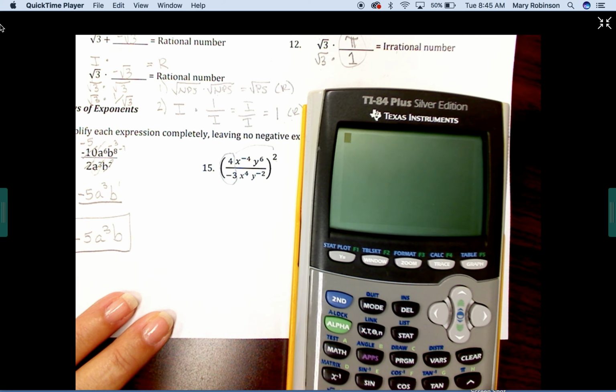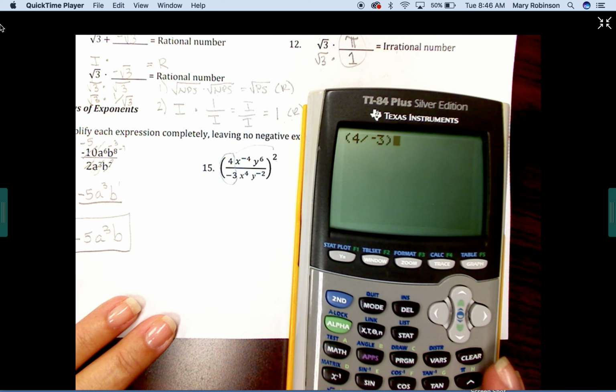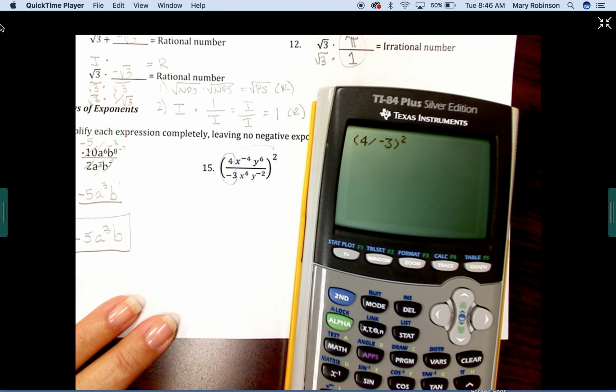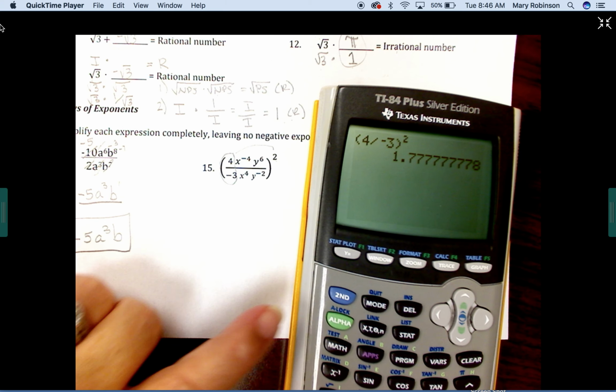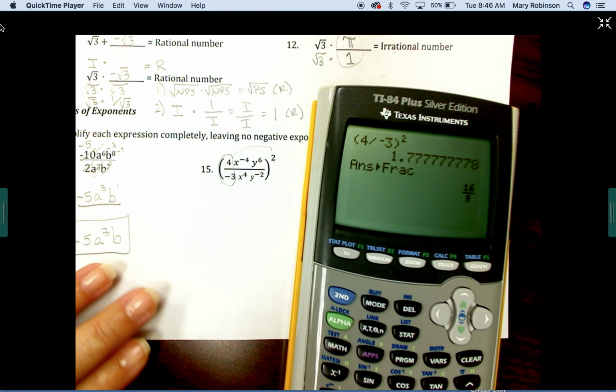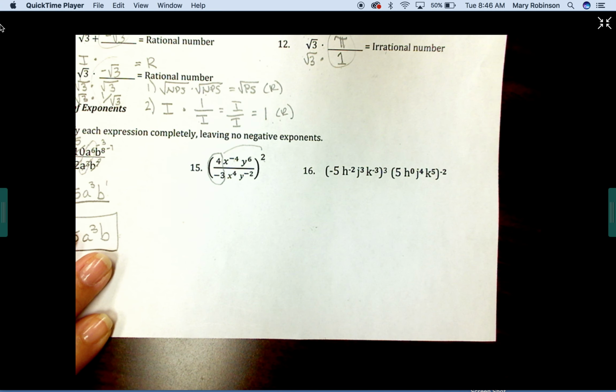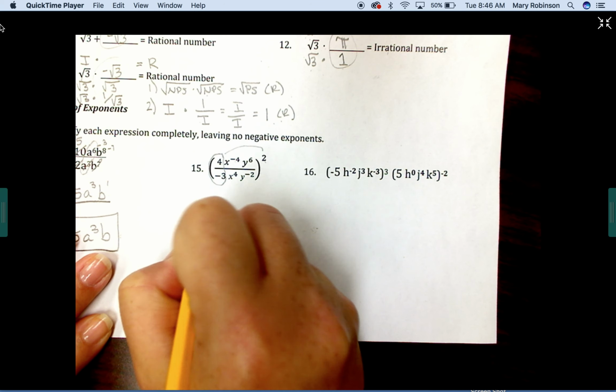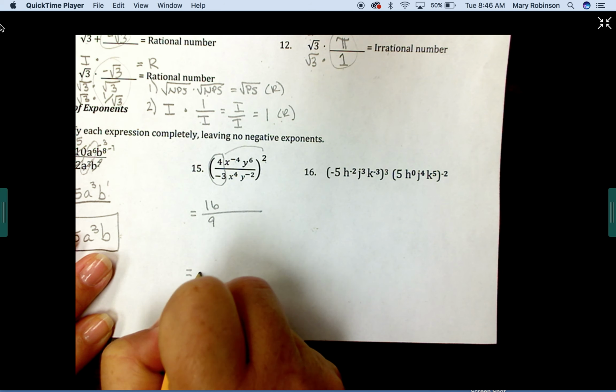So if I type in 4 divided by negative 3 squared, I get a decimal, which when converted to a fraction is equal to 16 over 9. That means in my answer, my fraction is going to be 16 over 9.